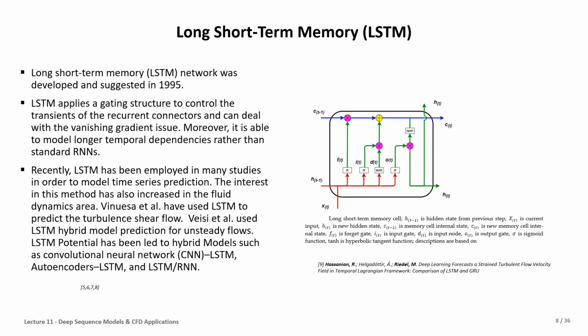It also has a memory cell internal state, and the forget gate, input gate and output gate, making this structure able to deal with the vanishing gradient, which is present in the RNN network, and we can use it for longer periods of time series data. This network was developed and suggested in 1995. LSTM applies a gating structure to control the transient of the recurrent connection and can deal with the vanishing gradient issue.